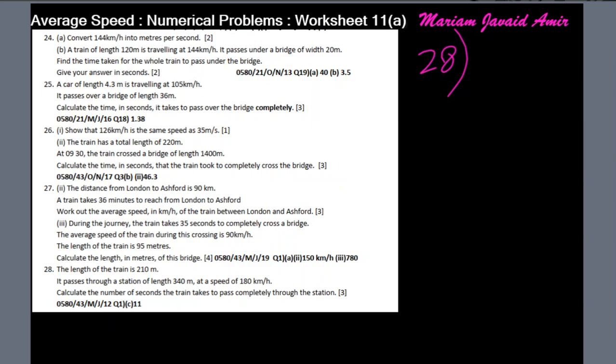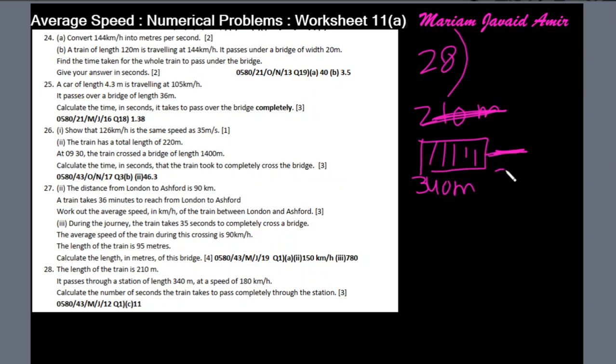Question 28. Length of the train is 210 meters. It passes through a station of length 340 meters. So there's a station of length 340 meters, and the train itself is 210 meters long.